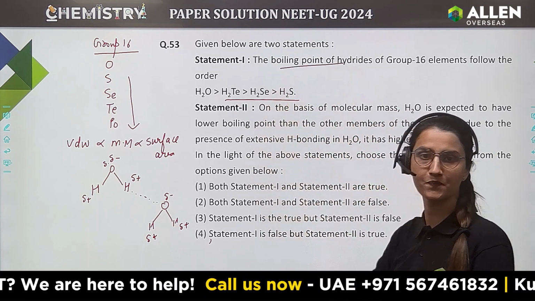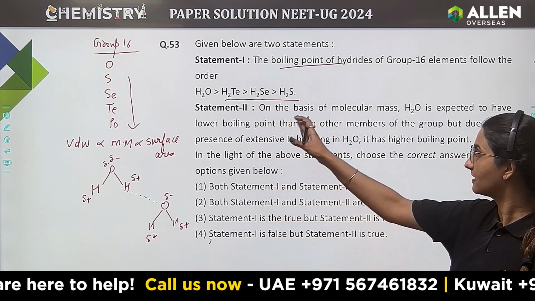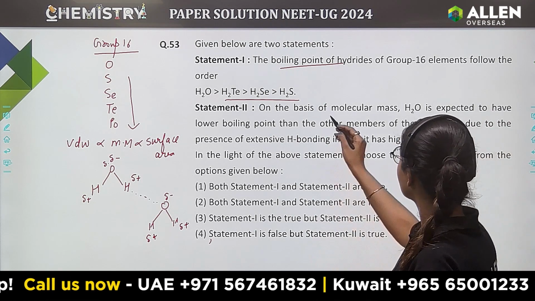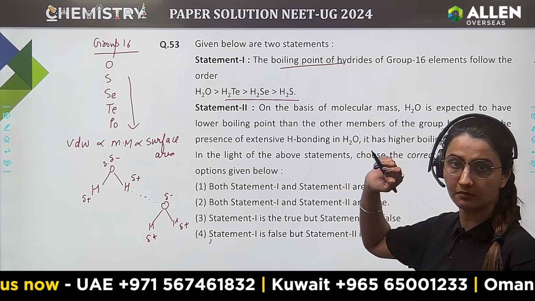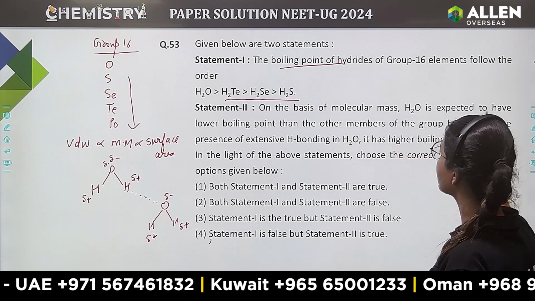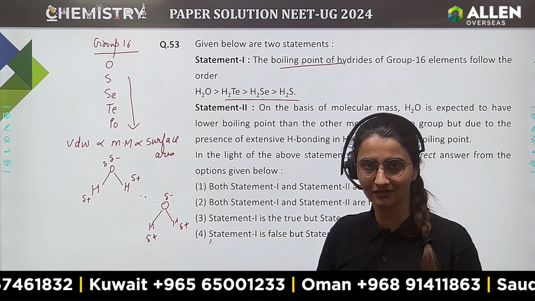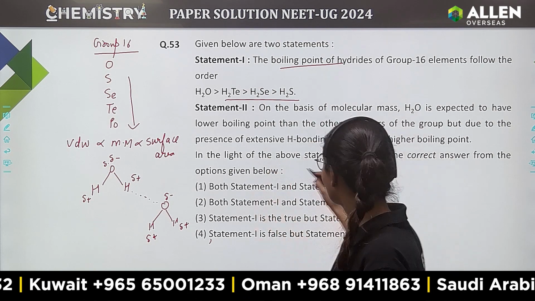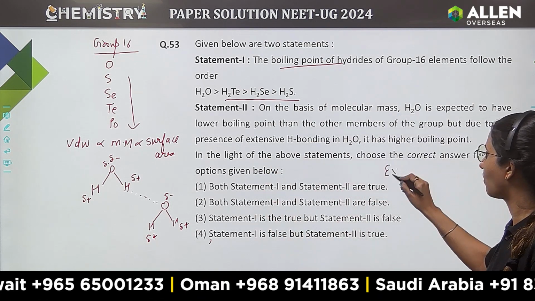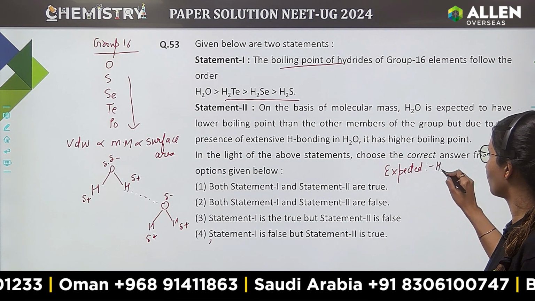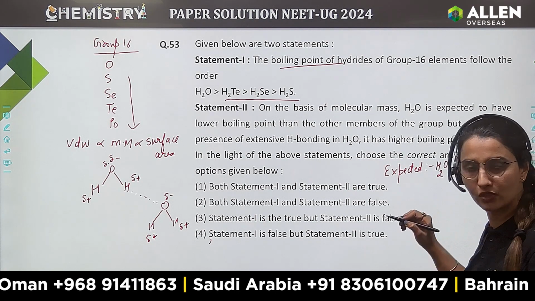Check this. Let's read the second statement too. Second statement says, on the basis of molecular mass, yes, H2O is expected to have lower boiling point, correct? Correct. What we had expected, our expected order was, students, that H2O should have lower boiling point.